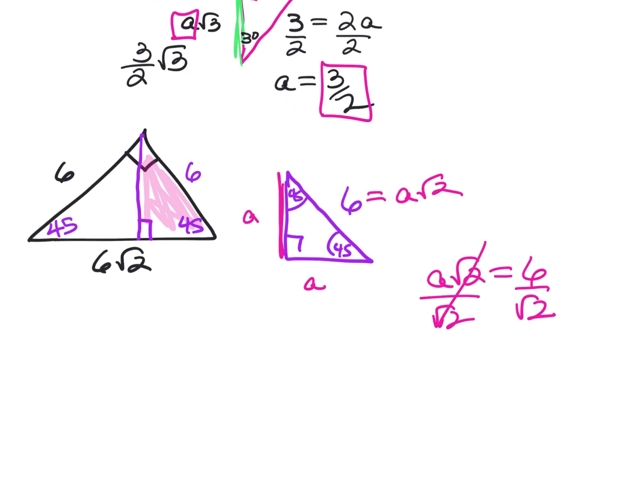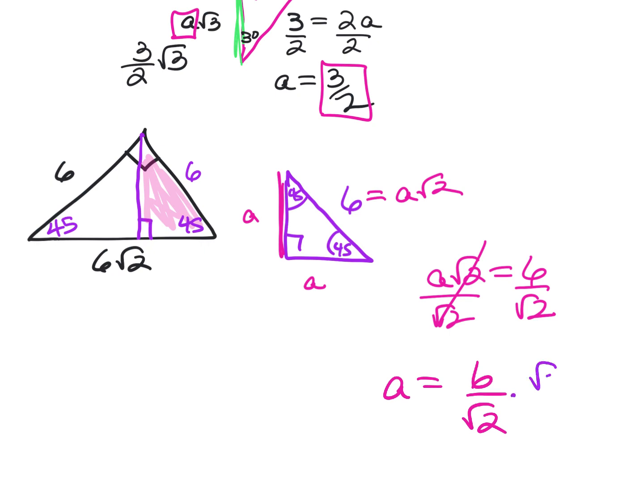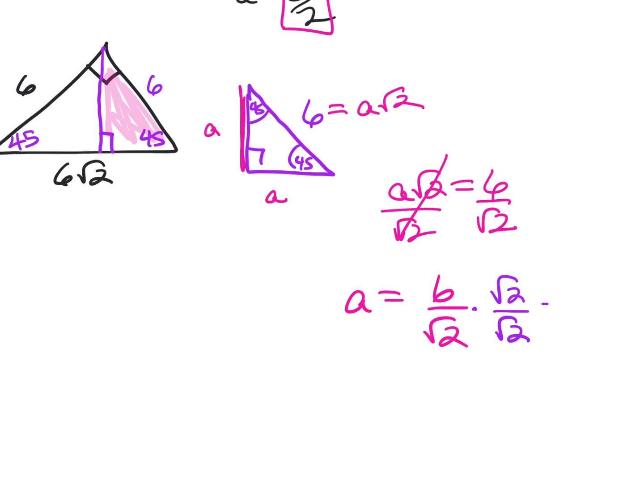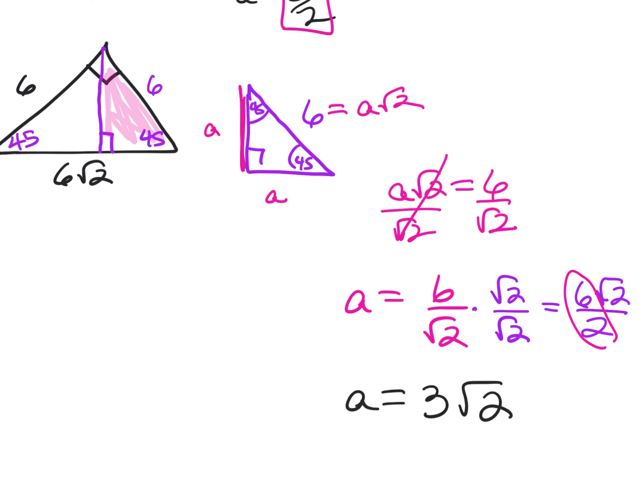That cancels. A is equal to 6 over the square root of 2. I need to rationalize this. So I multiply the top and the bottom by square root 2. And this gives me 6 times square root 2 over 2. And then I can simplify the 6 and the 2. And the altitude is 3 square root 2.